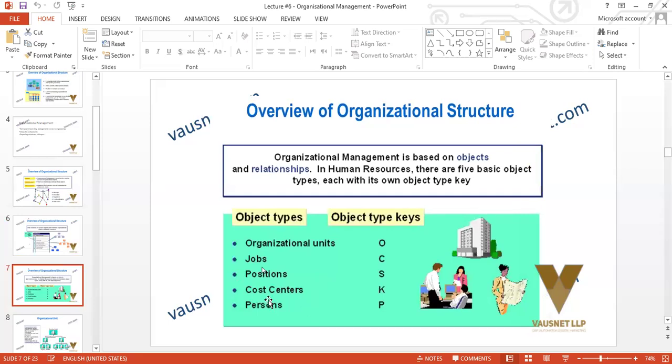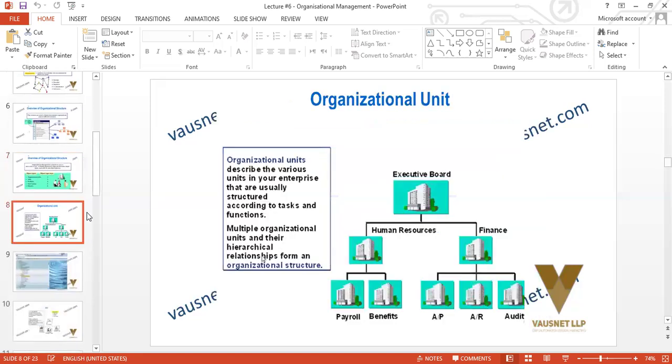And persons, their work, and their duties are basically costed, and that actually leads to running the payroll and calculating the payroll. So, positions are occupied by persons, and their work is actually costed and budgeted through cost centers. And jobs basically define how positions have to be run and executed.